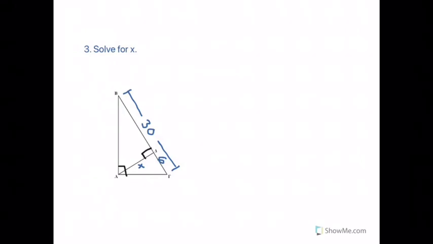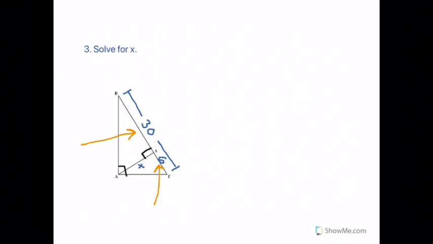Our theorem states that the altitude of this right triangle is equal to the geometric mean of the lengths of the segments of the hypotenuse. Here we don't have both of the segments of the hypotenuse. We only have one segment, which is 6. So that's segment number 1.